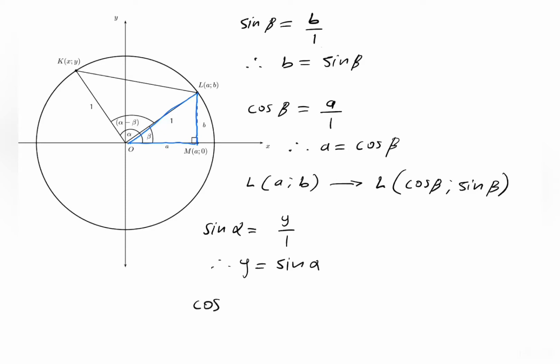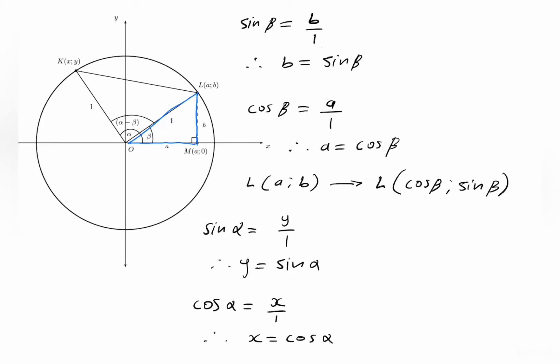And then we do the same thing for cos. Cos alpha is equal to x over 1, the hypotenuse. Therefore, x is equal to cos alpha.